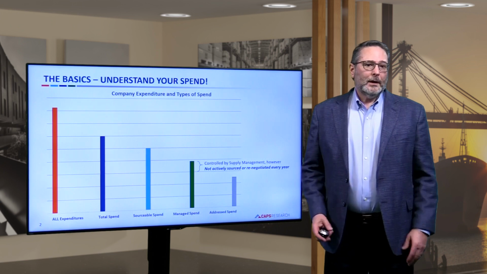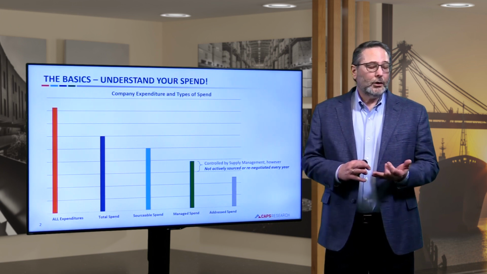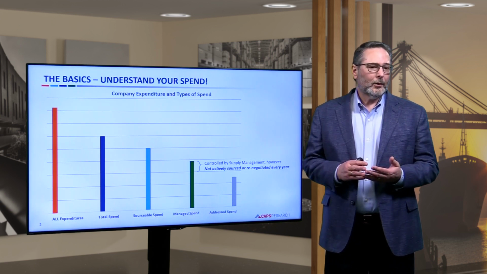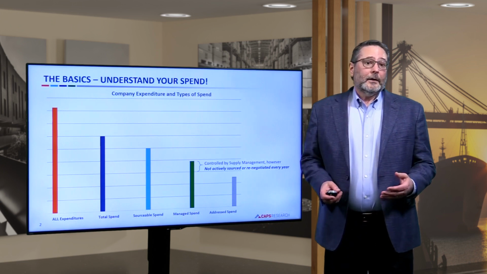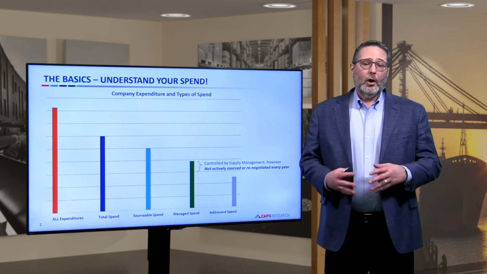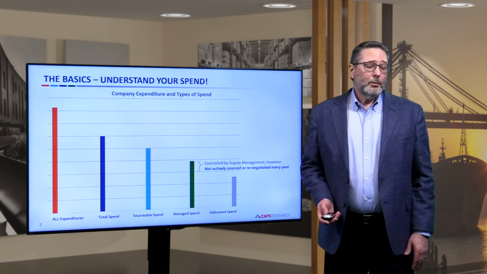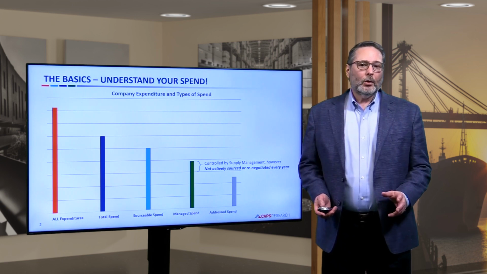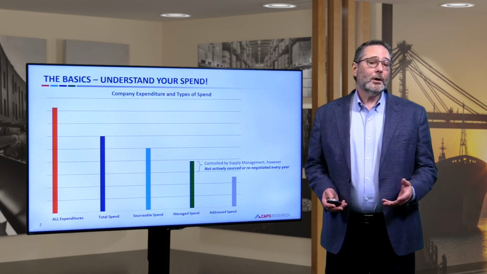The managed spend is that comprehensive set of all goods, materials, services, capital equipment, etc. that the organization needs to operate. The collective set of that is all your suppliers supplying those things. However, you may not touch all of it every year. As an example, you may have raw material spend contracts for a period of 2 years.